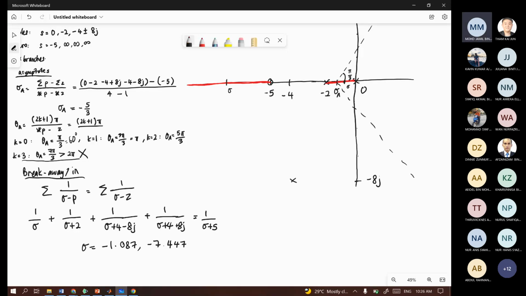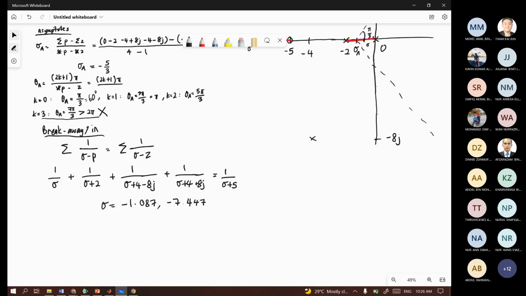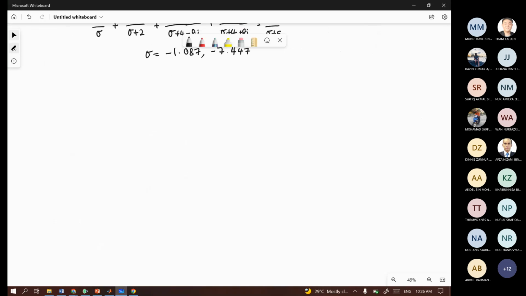Now we can determine the j omega axis crossing. Firstly, we need to find the closed loop transfer function.